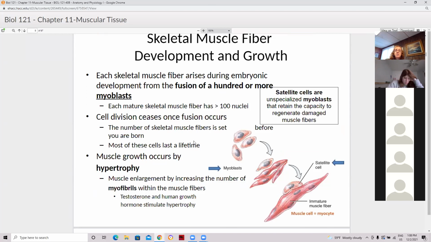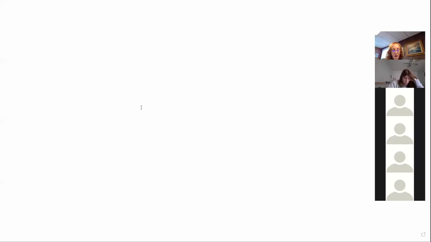So, muscle fibers, I think that's where I was. A muscle fiber is synonymous with a muscle cell. Some other words to keep in mind here.